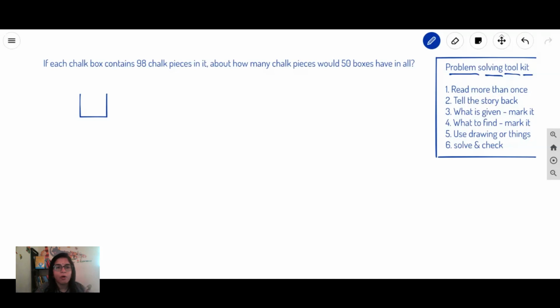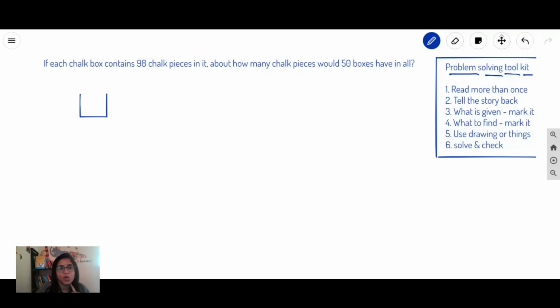Okay, so before even going to the problem, let's see what the first step says. Read more than once. That means read the question more than once. If each chalk box contains 98 chalk pieces in it, about how many chalk pieces would 50 boxes have in all? Okay, let's read the question again.